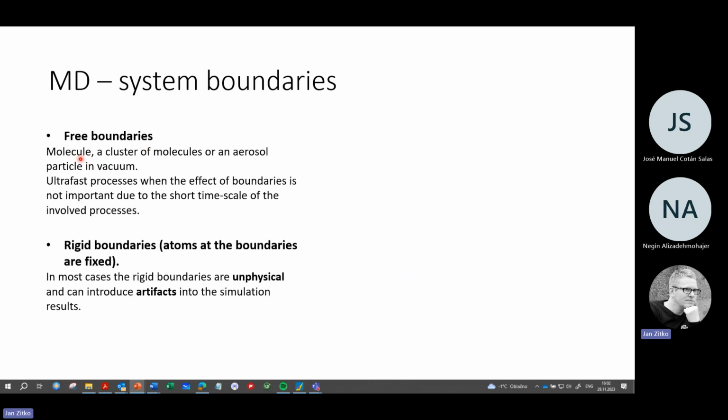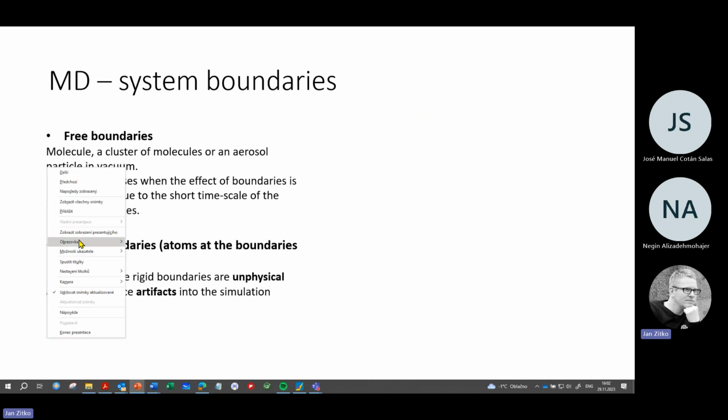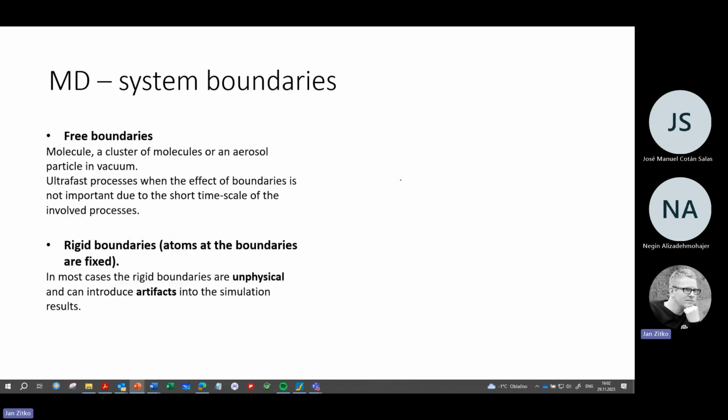You just put a single molecule of interest, like a single molecule of protein, for example, into a cluster of molecules of solvent, and you pretend that this is basically in vacuum. I'll try to draw it. So you have your molecule of interest, and then you will have your molecules of solvent all around.